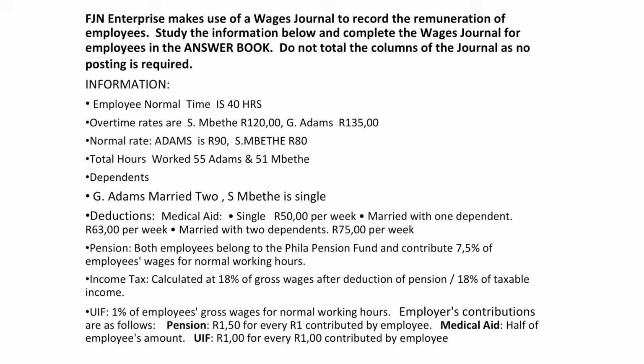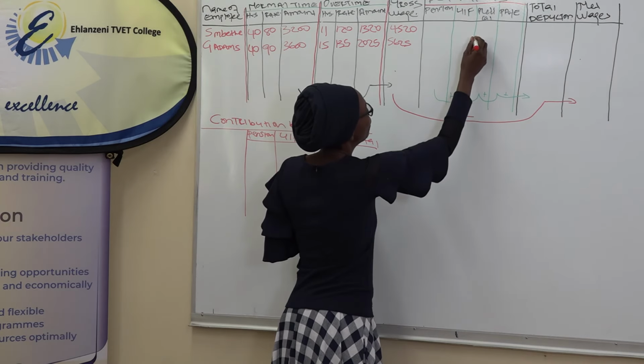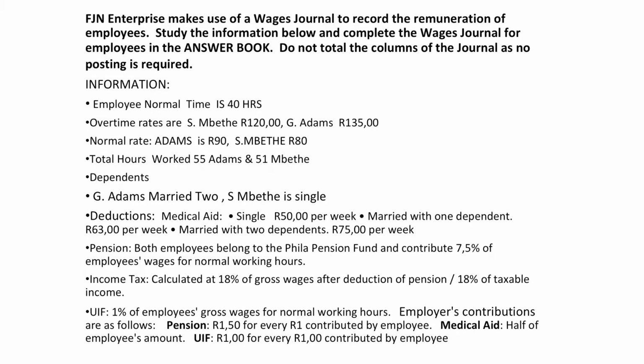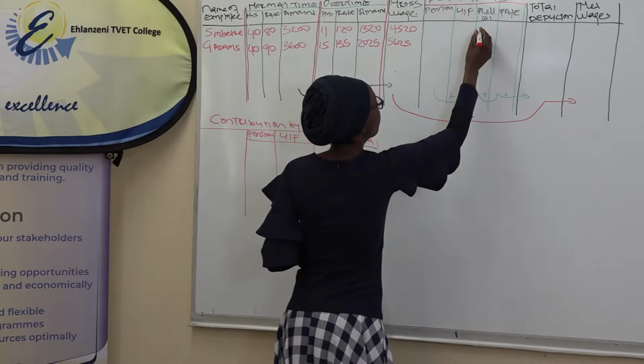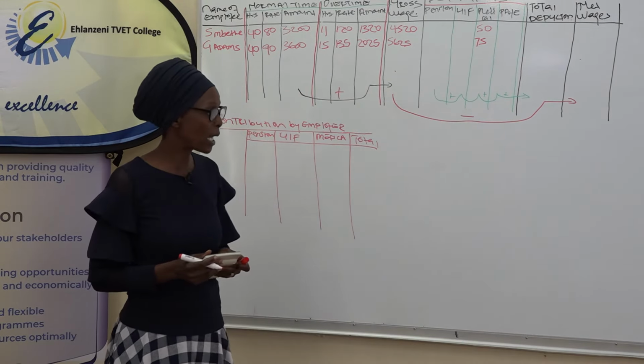Adams is married with two, and they said those who are married with two is 75 rand per week. Adams, the medical aid, is 75. Then the next employee, Mbete, is single. They said those who are single is 50 rand per week. We have to enter 50 rand. Then we are done with the medical contribution.